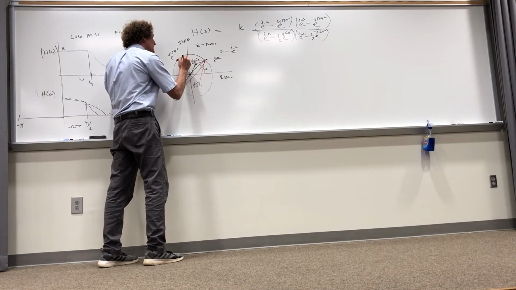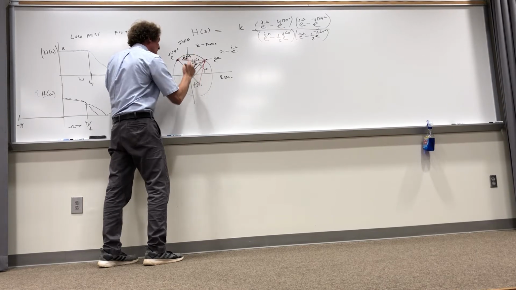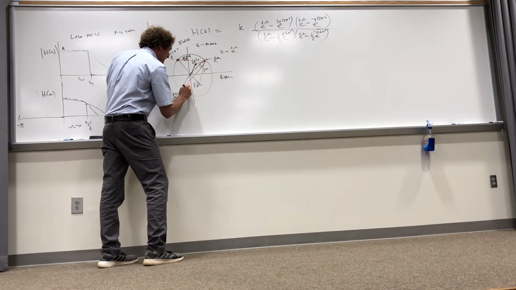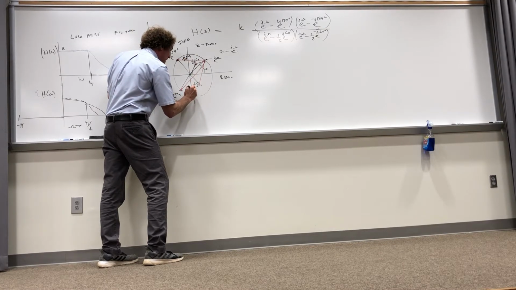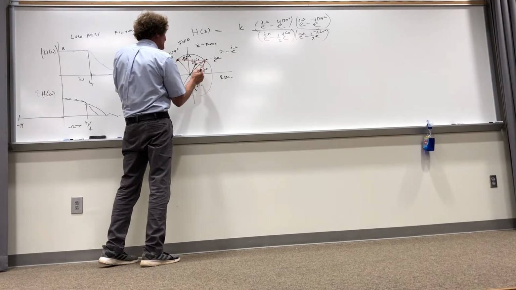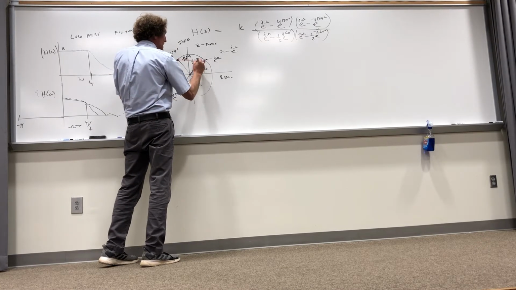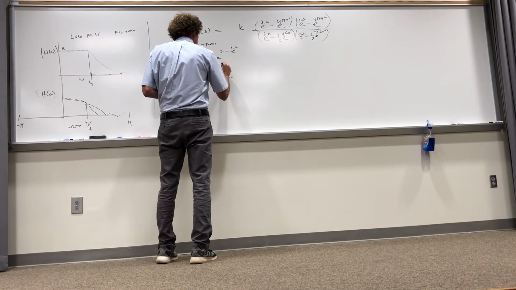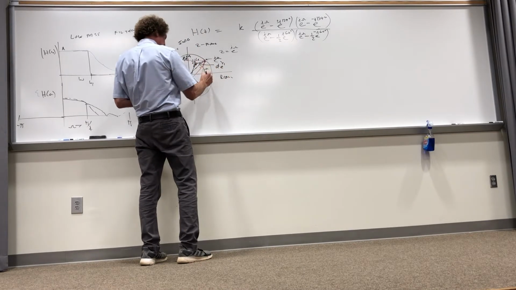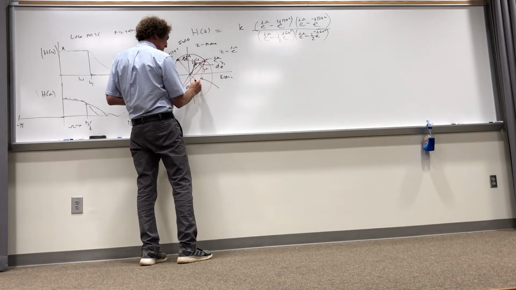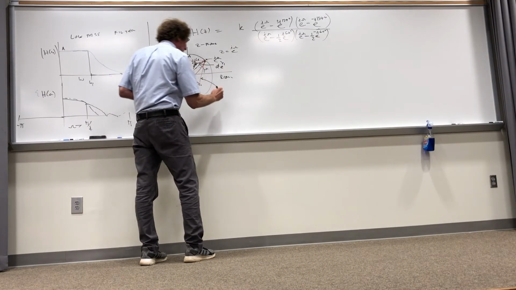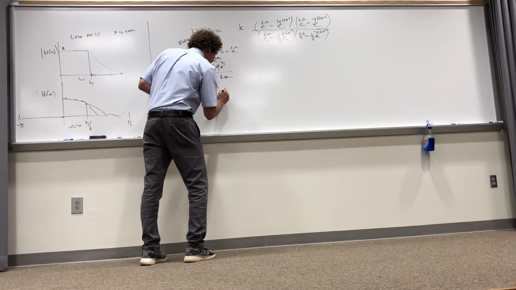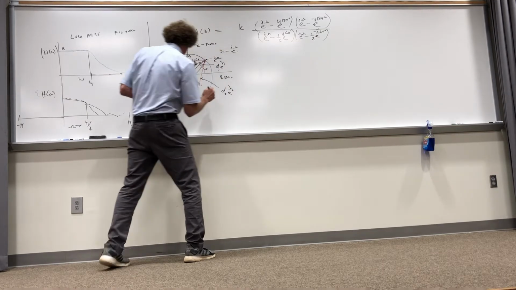I'll call this L1 at some angle e to the j alpha 1, and this is L2 e to the j alpha 2. And for this, I'll call this red line the distance between this pole and here, not L, but D1 e to the j gamma 1, and this red line here, the distance between this pole and this point, is D2 e to the j gamma 2.